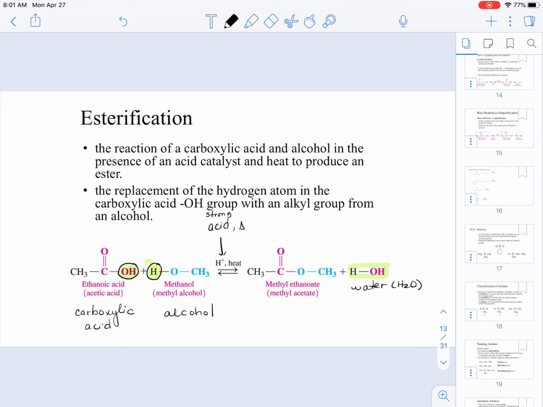Then the oxygen with its alkyl group will be linked to the carbon that is double bonded with oxygen. And that's how we form an ester.